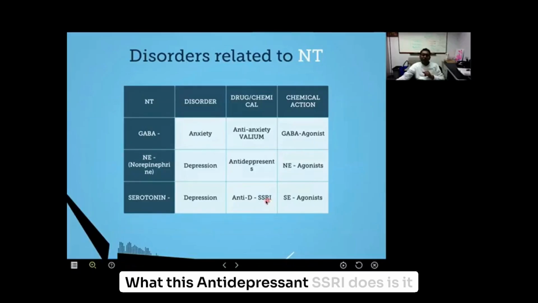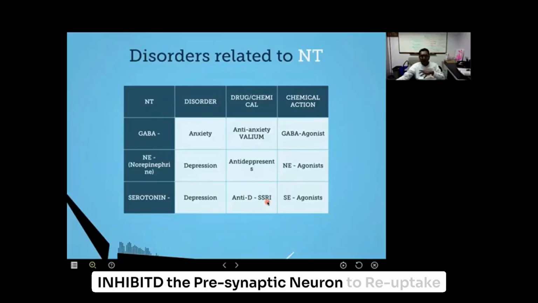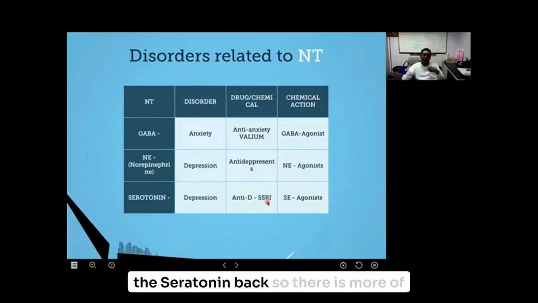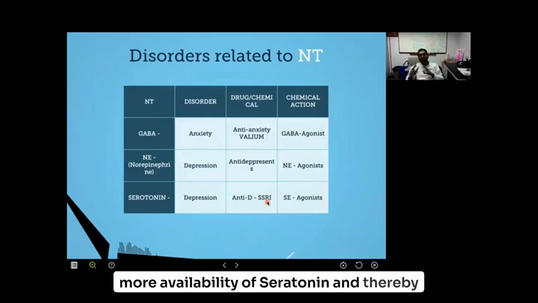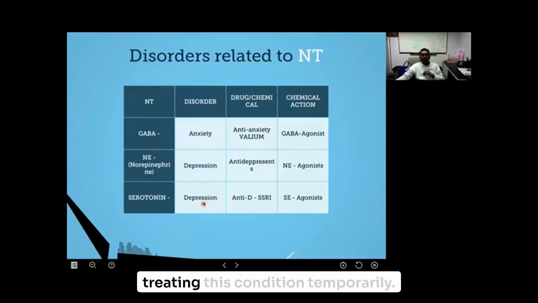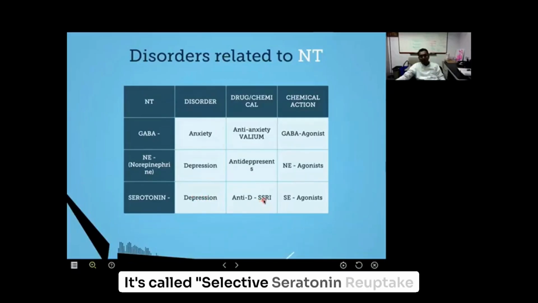What the antidepressant SSRI does is it inhibits the presynaptic neuron from taking the serotonin back, so that there is more serotonin in the synaptic cleft, resulting in more availability of serotonin and thereby influencing mood positively, thereby treating this condition temporarily. It's called a selective serotonin reuptake inhibitor because it is inhibiting the reuptake or reabsorption of serotonin from the synapses.